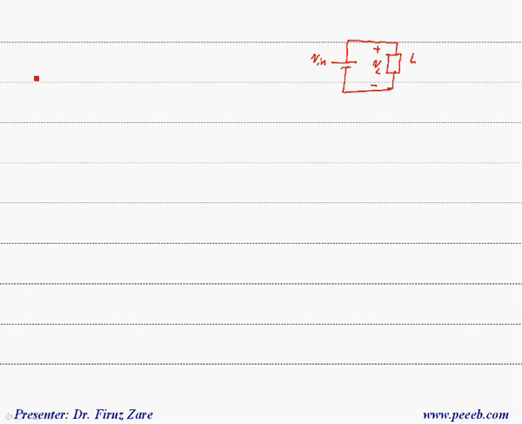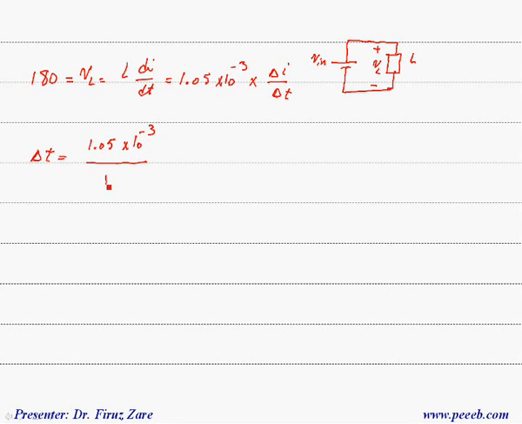So Vin is 180 equals to VL, which is L di/dt, where L is 1.05 millihenry times of delta I over delta T. So in this case delta T equals to 1.05 times of 10 to the minus 3 over 180 times of delta I.